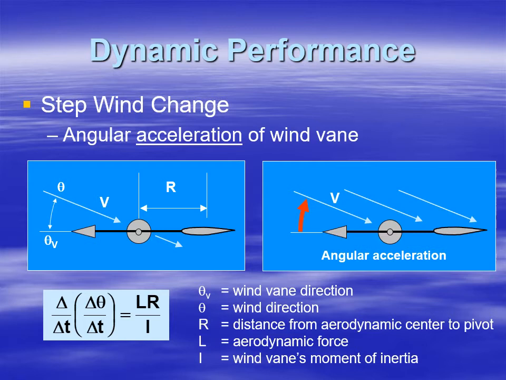And what causes that angular acceleration? Well, a few things. We already talked about the aerodynamic lift that's generated by that airfoil on the wind vane. So that's L, that's your aerodynamic force. R is the distance from the center of the pivot point out to the aerodynamic center. And then I is the inertia of the wind vane.